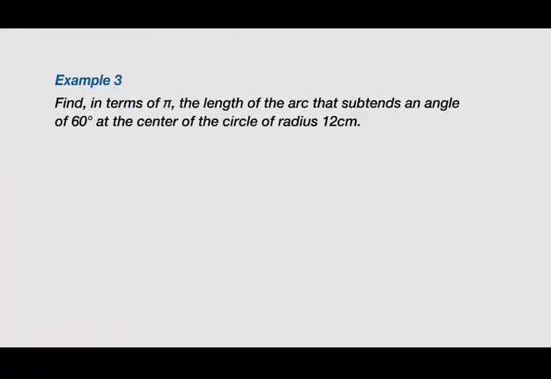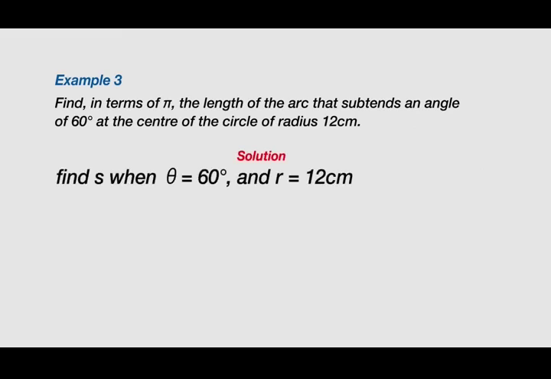Example 3 says, find in terms of pi the length of the arc that subtends an angle of 60 degrees at the center of the circle of radius 12 centimeters. Now, in this question, we want to find S when theta is equal to 60 degrees and r is equal to 12 centimeters.